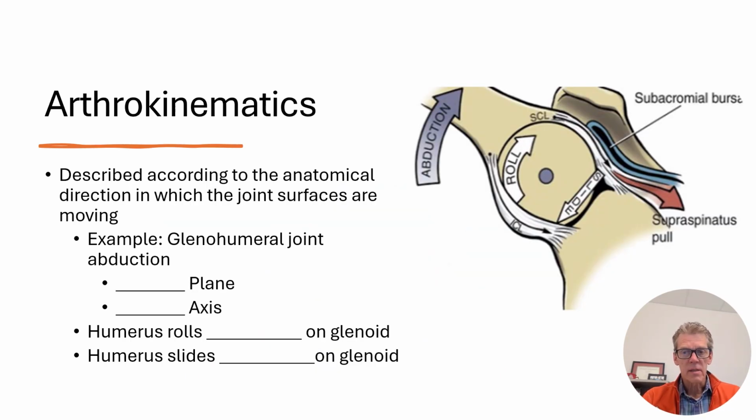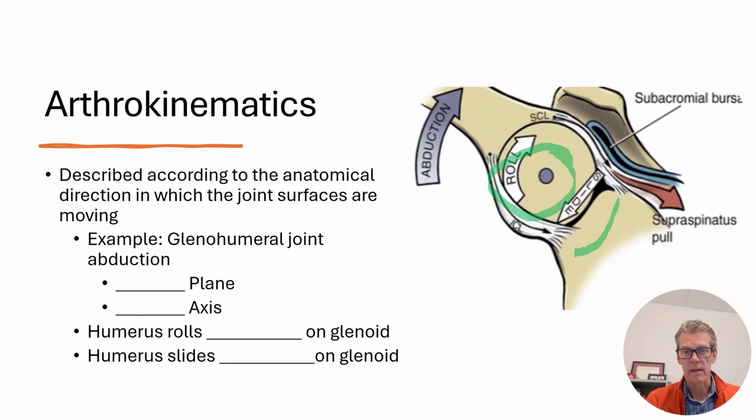When we describe these things, and this is important for communicating with our peers, on assignments, and with other therapists and other providers, we talk about them in the plane or the axis, but then we describe the roll and the glide in the direction in which they're occurring. In this example, we've got a picture here of the humeral head, and we've got the glenoid.